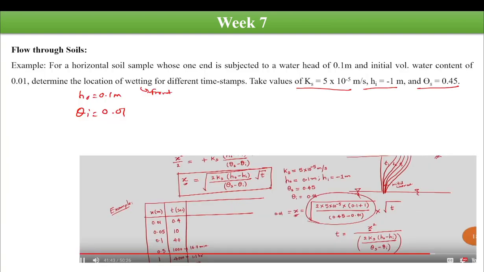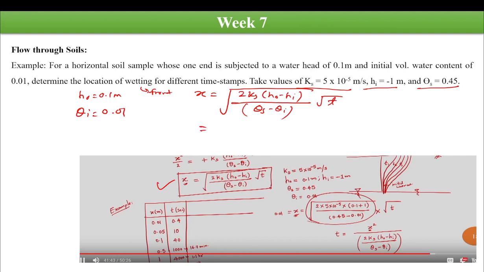So how can we do that? We will use this Green and Ampt derivation, which gives the position of the wetting front as x is equal to the square root of twice Ks times H naught minus Hi, divided by theta s minus theta I, and the time factor is always there.